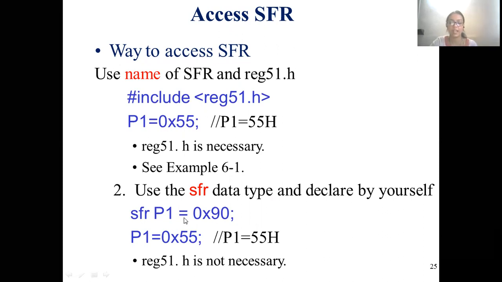So you can directly write sfr P1 = 0x90 instead of writing the header file and then defining port 1. The header file is not necessary. Whenever you directly write the SFR, it will directly access your data from the IO port. So this is how to access the SFR, that is special function register.